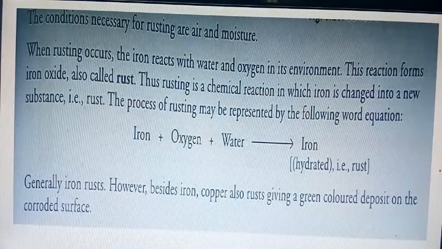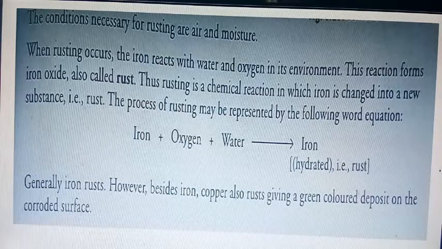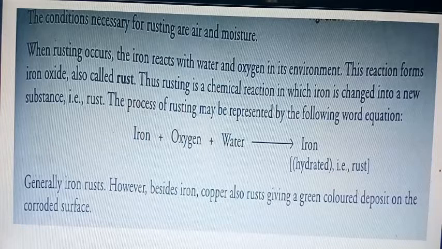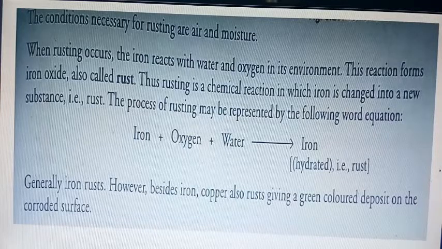Then what are the conditions necessary for rusting? If you keep iron in water only, does it rust? Or if you keep iron in moisture only, does it rust? No. The two conditions necessary for rusting are air and moisture.